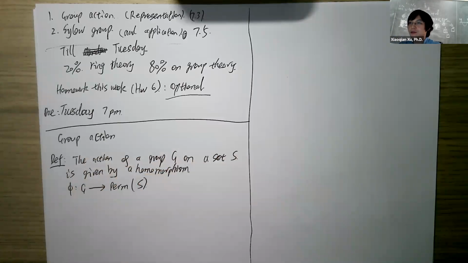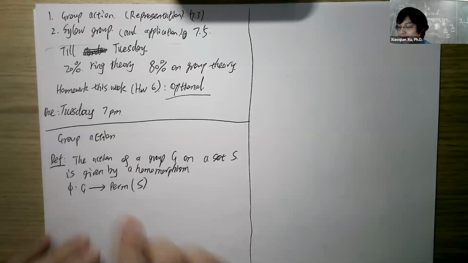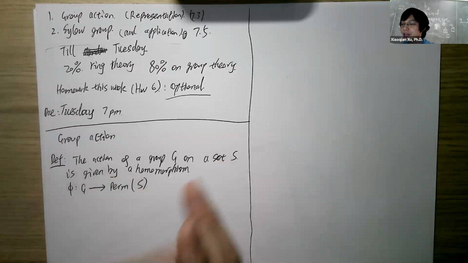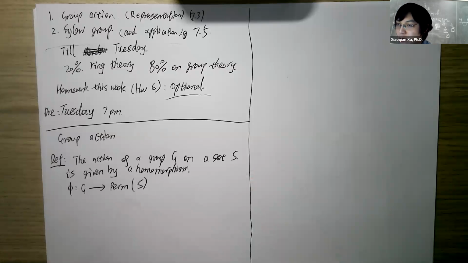It just means that you can try to exchange the elements of S, and all these kinds of changes are permutations, right? And in most cases, the permutation group of S could be seen as Sn, which is the permutation group of n letters.